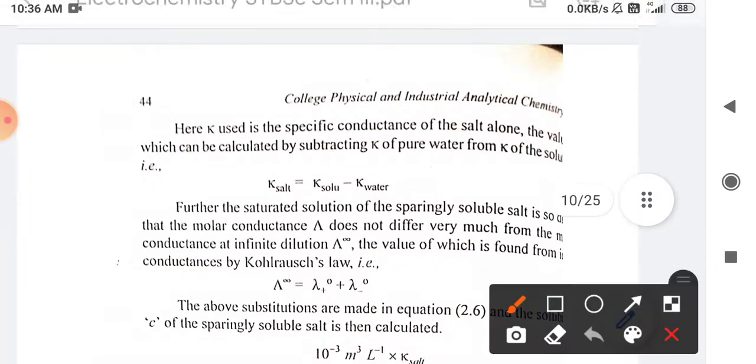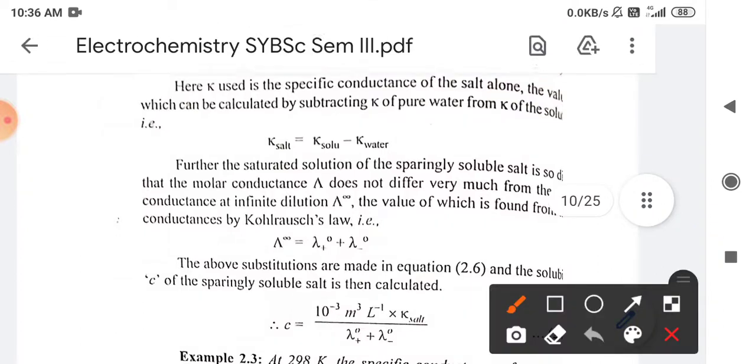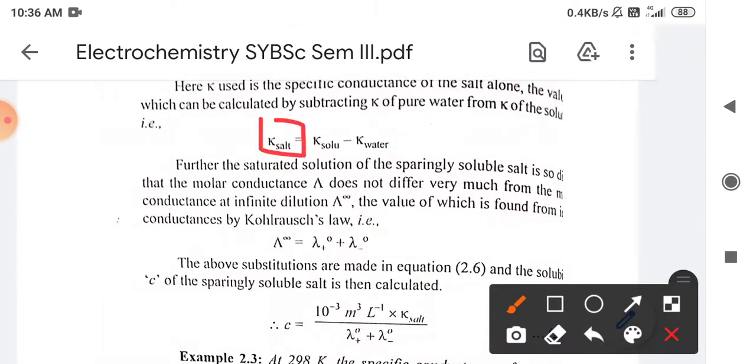So how can we do that? Just by simply subtracting the conductivity of water from the conductivity of the solution. Once we have done that, we get the exact conductivity for the salt, and the molar conductivity for the given solution can be obtained by Kohlrausch's law, that is lambda m naught is equal to lambda naught of cation plus lambda naught of anion.